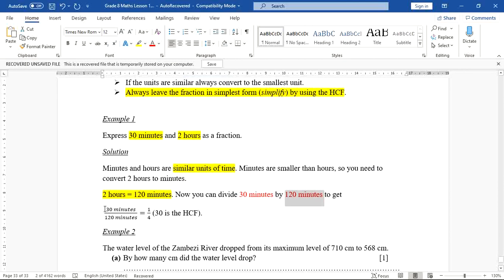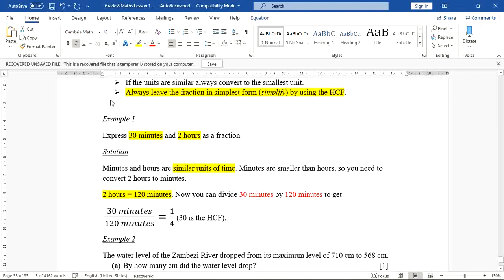Let me write it in big letters so you'll be able to see clearly. All right, 30 minutes divided by 120 minutes will simplify to 1/4.